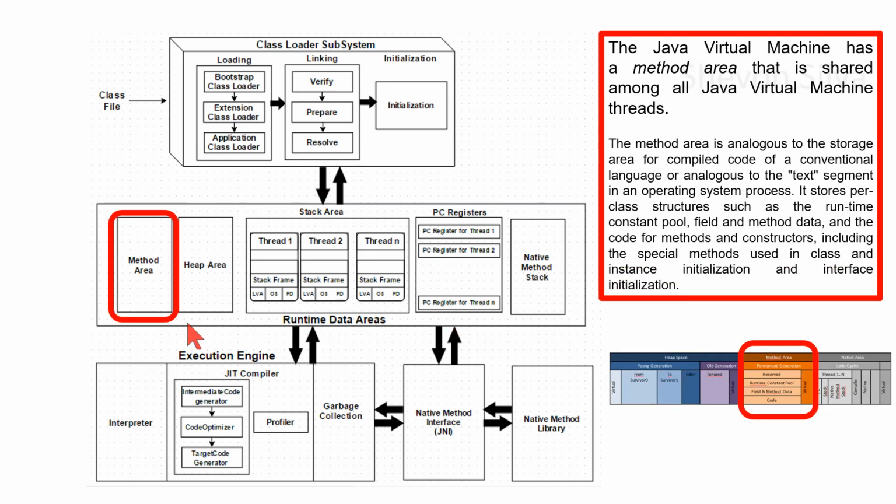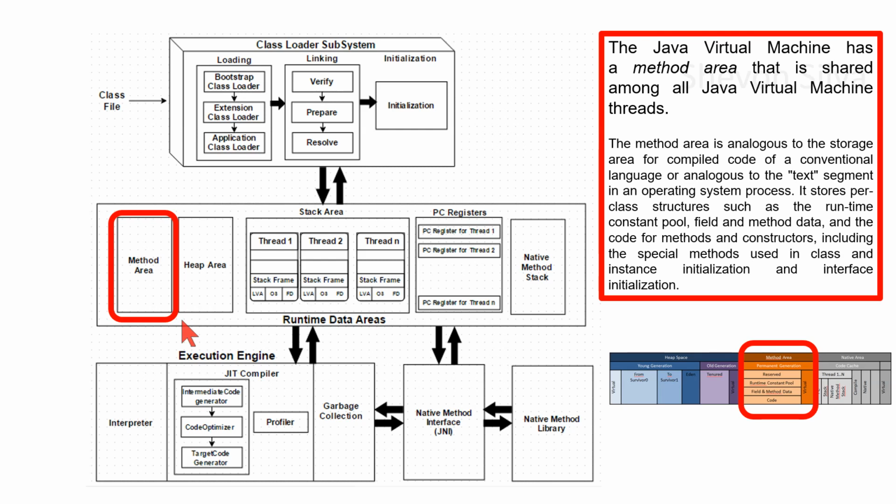Now we are focusing on the method area in runtime data areas. The Java virtual machine has a method area that is shared among all Java virtual machine threads. The method area is analogous to the storage area for compiled code for a conventional language, or analogous to the text segment in an operating system process.